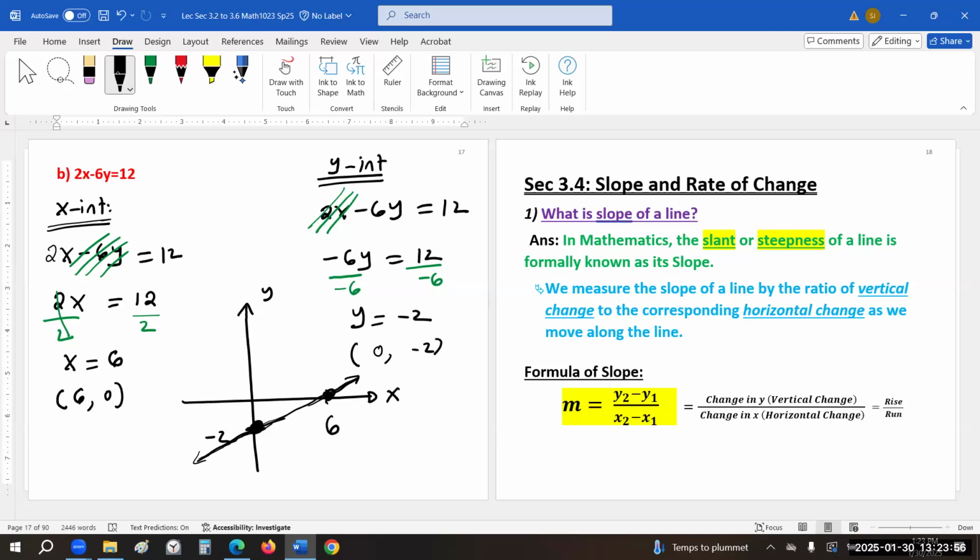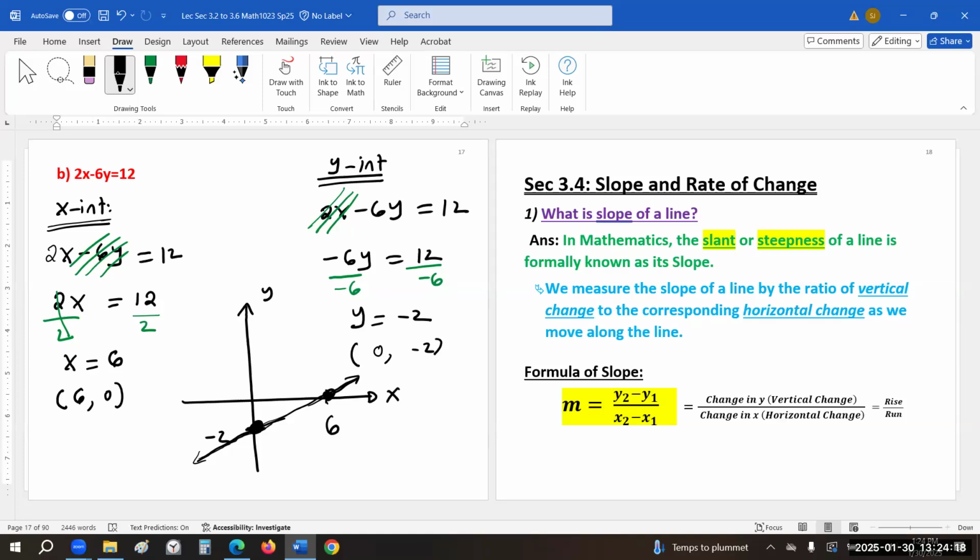To find x, it is y equals 0, solve for x. Same format, same rule. It doesn't matter what equation you see, the rules are the same. To get the x-intercept, set y to 0 and solve for x. To get the y-intercept, set x to 0 and solve for y. That's all.